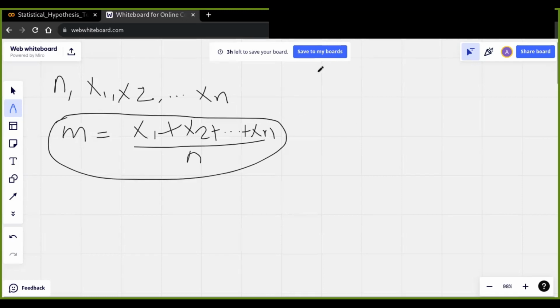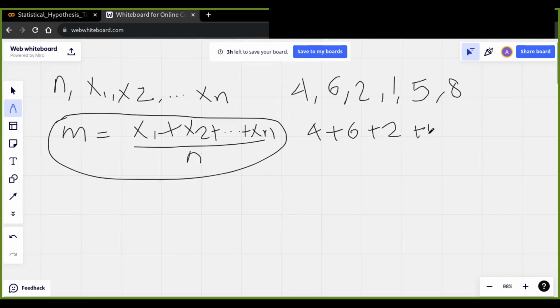So let's assume we have the data set 4, 6, 2, 1, and let's add 5, 8. Let's sum each value of the data set: 6 plus 4 plus 2 plus 1 plus 5 plus 8, divided by, let's count how many data points we have: 1, 2, 3, 4, 5, 6, divided by 6.